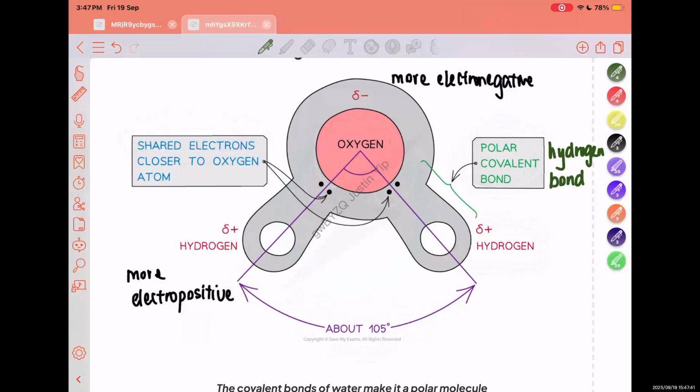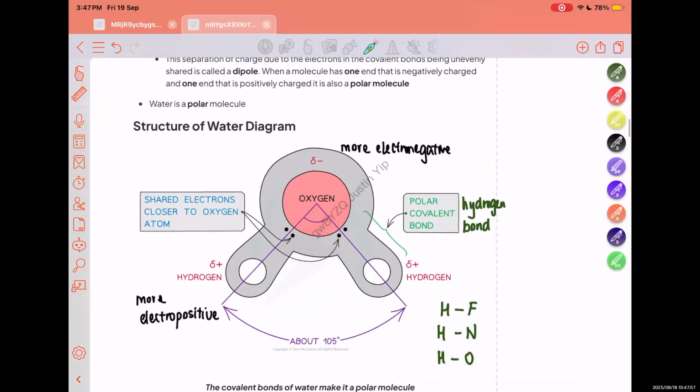Always remember, hydrogen bonds only have 3 types: H bonded with F, H bonded with N, and what we learn now, H bonded with O between water molecules. So water is a polar molecule.